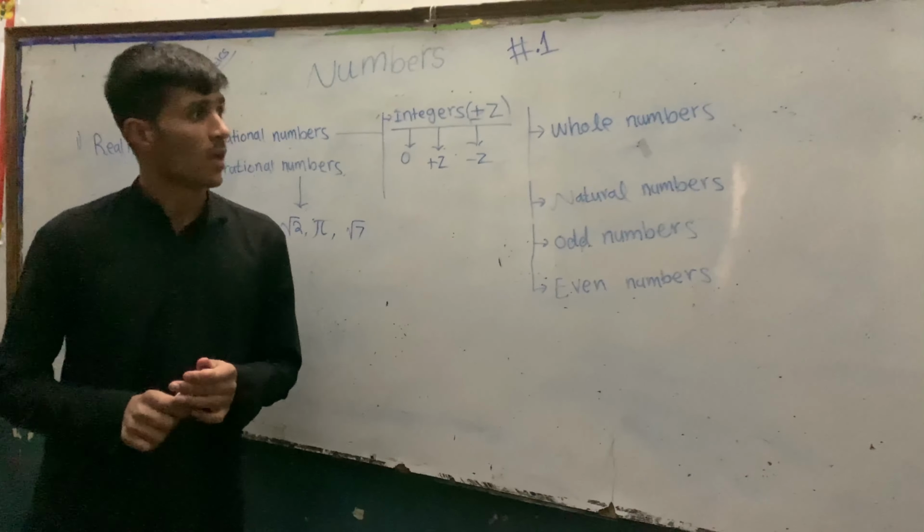So we understand rational and irrational numbers. Now we can define real numbers. The union of the rational and irrational numbers is termed the set of real numbers.